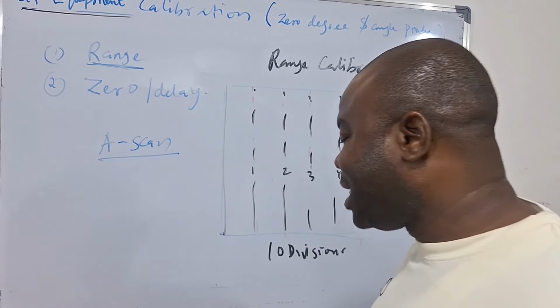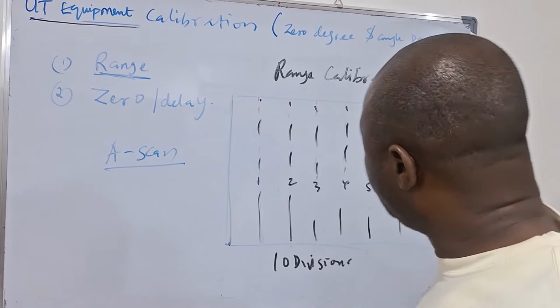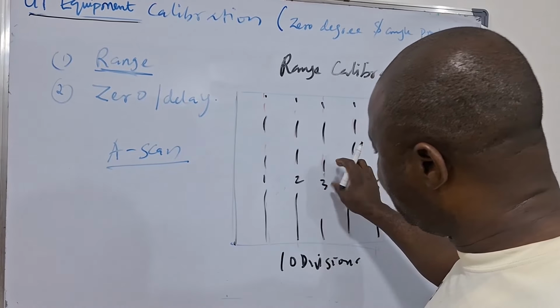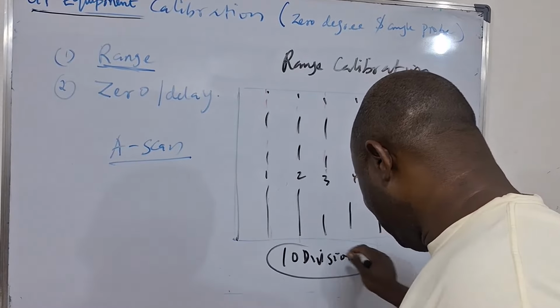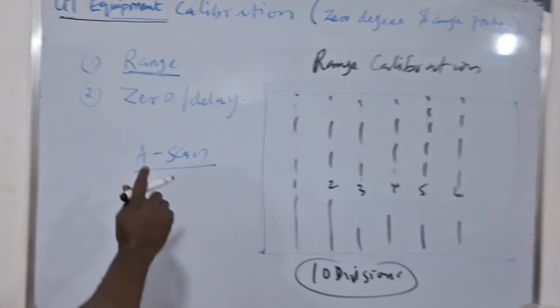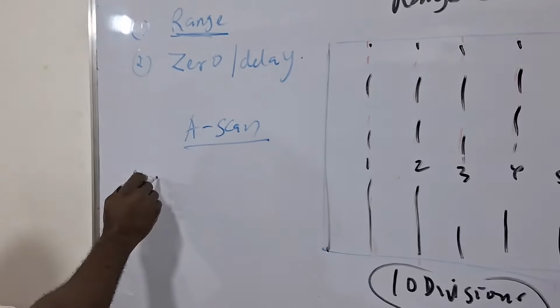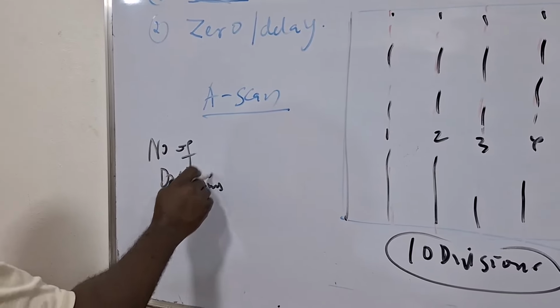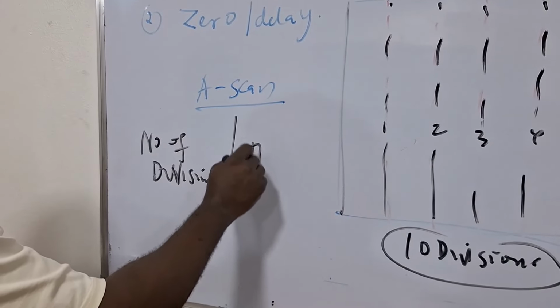For you to understand your calibration results, you need to know how to play around with your screen, the 10 divisions. You are going to know how to play around the number of divisions versus the thickness.